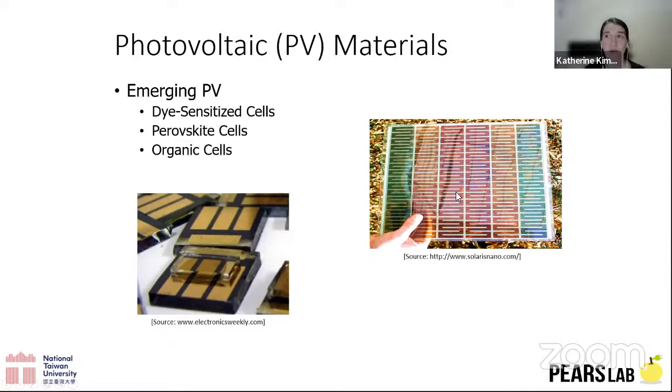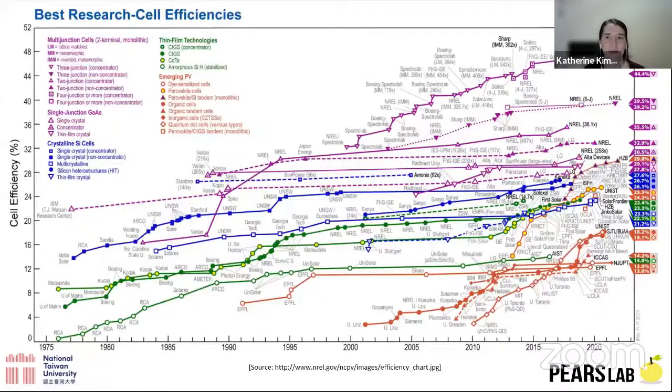In terms of efficiency, this is a busy graph, but if you're ever curious about where the efficiency for each type of solar cell is, this is a resource from NREL. I recommend going to their website to find this. They update it I think every quarter, or at least every year. You can look at the different types of materials and find the efficiency for that.